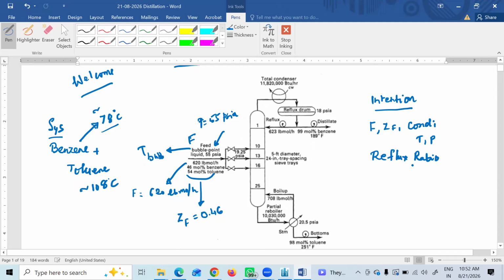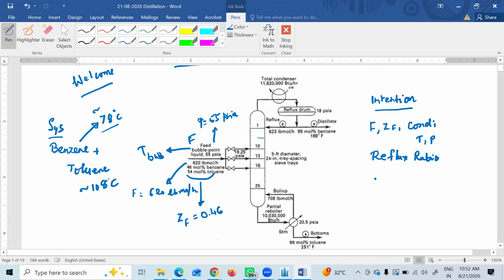For such binary systems, it is to be taken from the design conditions. Generally, as you all know, it varies from 1.5 to 2.5.